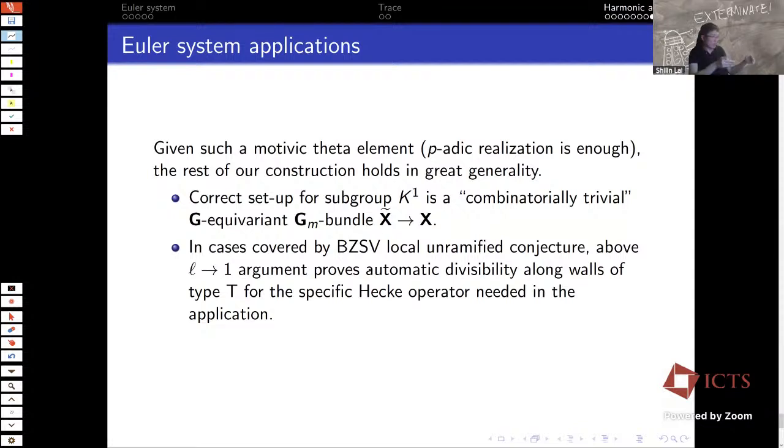But we don't know how to directly relate the class in Galois cohomology to the derivative. Oh, I see. Well, that's a program for you, I suppose. That's not a program for me. I do not claim anything about that.